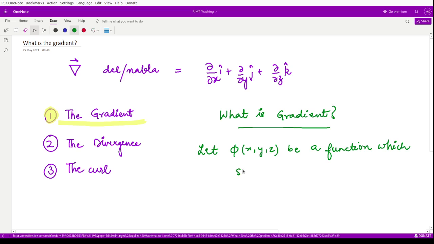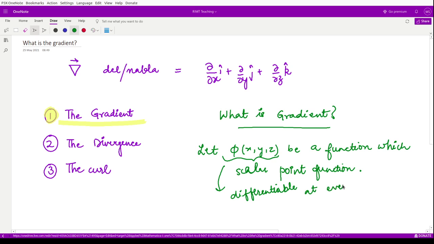That means this function has only magnitude and no direction involved with it. Moreover, this function phi should be differentiable at every point x, y, z in the given region, so that means we can differentiate this particular function at every point. This is our assumption.